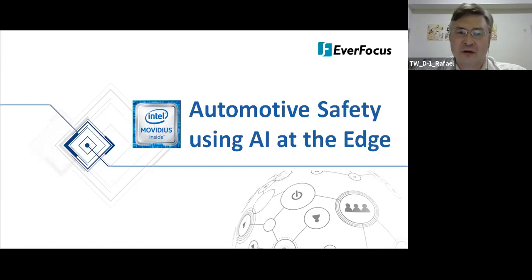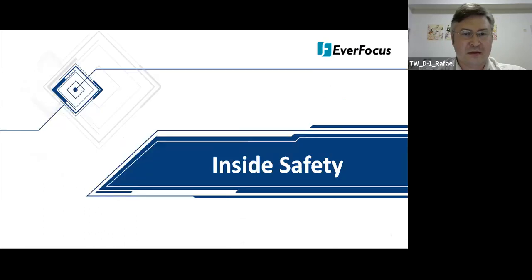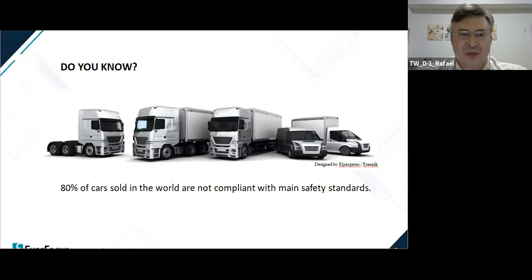Today I'll talk about automotive safety using AI in the edge. Next slide. First of all, I would like to talk about what is inside the safety. Today's roads are safer thanks to a wide range of state-of-the-art technologies developed by automakers.